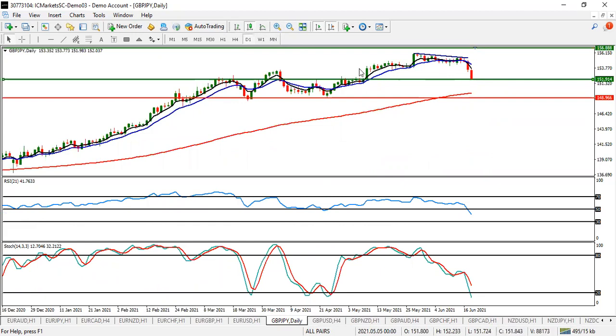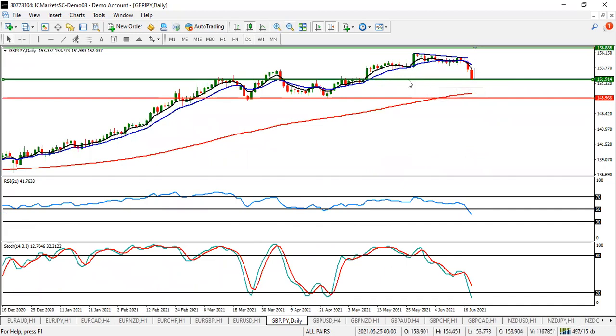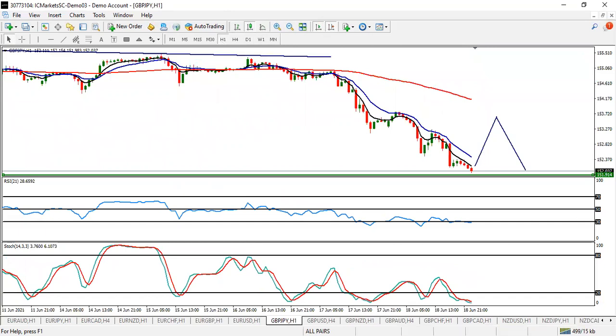So as market opens, we want to wait for the pullback, catch your sell entry, exit your trade before this green support, and once that level gets broken, let's head on to the red support at 148.96. So GJ is a good one to look for a sell.